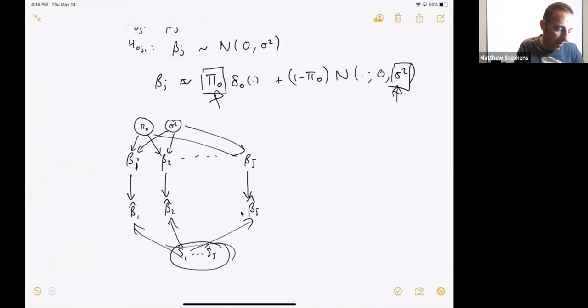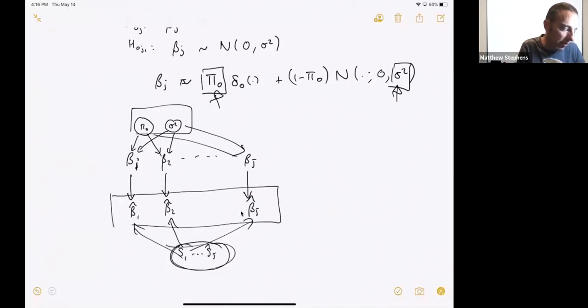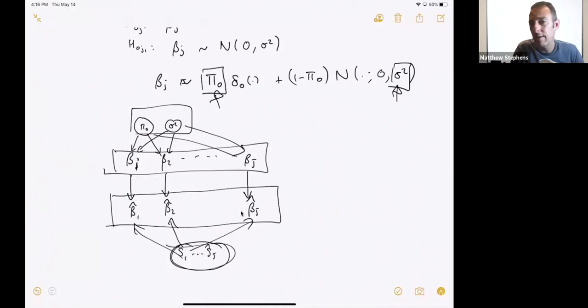I'm estimating these parameters from these observations, and then we can find the posterior distribution on the betas given the estimates, which in particular will let us compute the probability that beta j is equal to 0. If you're interested in false discovery, it'd be the probability it's equal to 0, right?